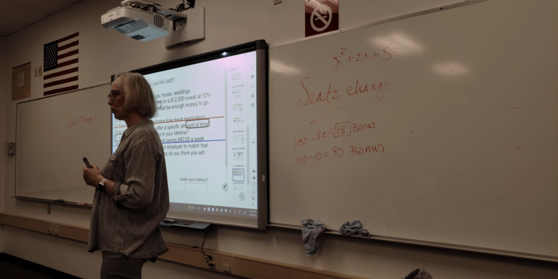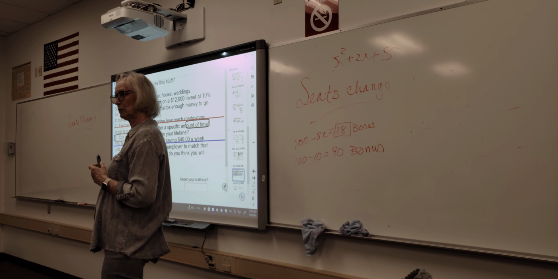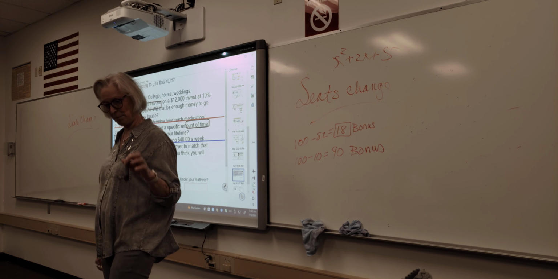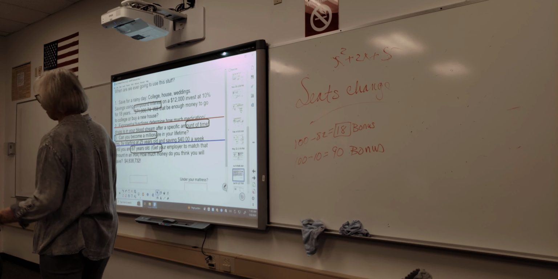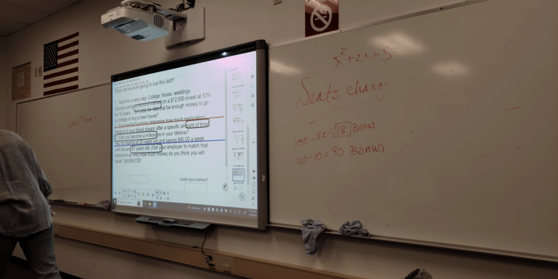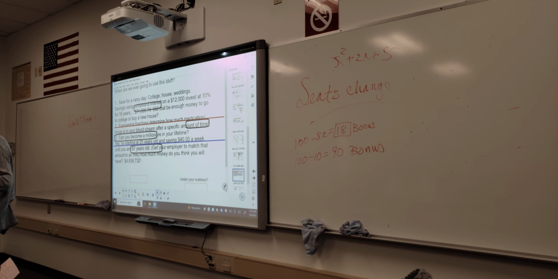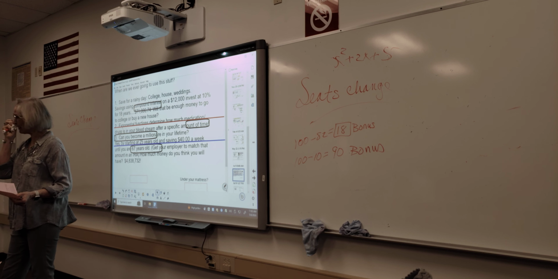You guys know the rule of 72? You need to read on that pink sheet where it says the rule of 72. I found this very informative from my husband. It's an easy way to see that if you invest your money for 9 years and you earn 8%... So let's say you go to the bank and say, here's $5,000.